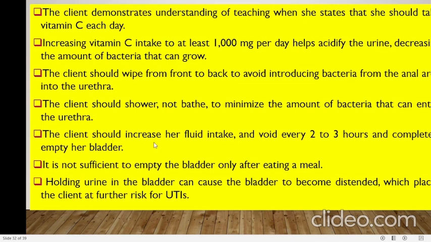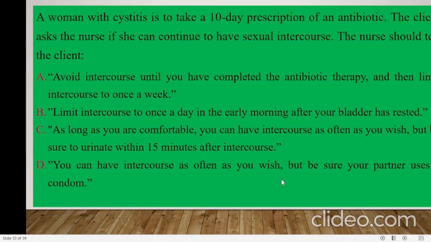The client should increase her fluid intake and void every 2 to 3 hours and completely empty her bladder. It's not sufficient to empty the bladder only after eating a meal. Holding urine in the bladder can cause the bladder to become distended and places the client at further risk for UTIs. Very good, guys.